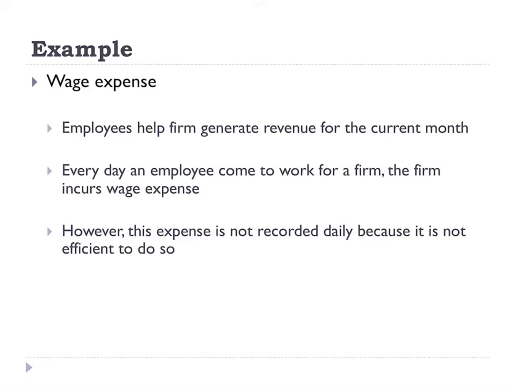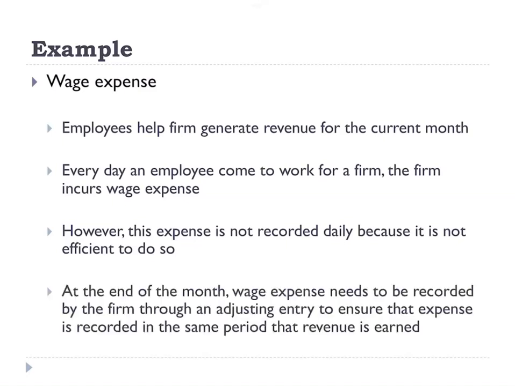However, that wage expense is not recorded every day just because it's not efficient to do so. So what the firm usually does is, at the end of the month, wage expense is recorded through an adjusting entry to ensure that the expense is recorded in the same time period that revenue is earned.